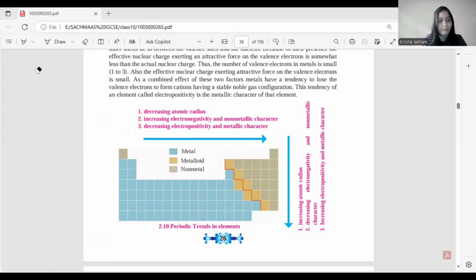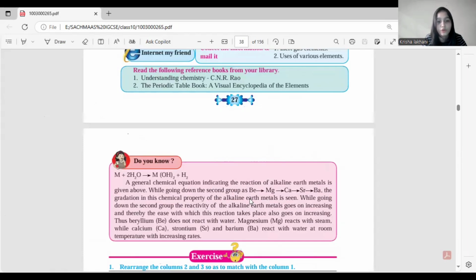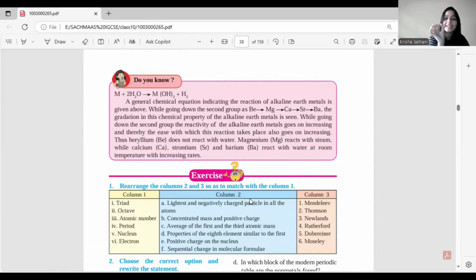Before I end the chapter here, there is one more brain teaser that is given here, which is very important for you to know. In the second group, a general chemical equation indicating the reaction of the alkaline earth metal is given above.